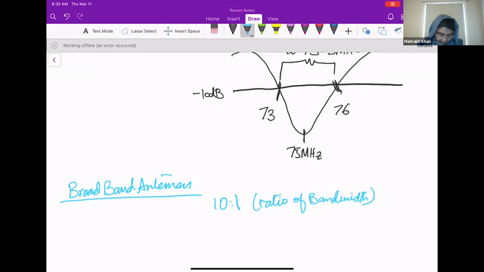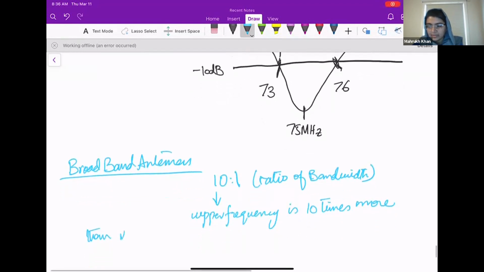It means that its upper frequency is 10 times more than its lower frequency. If the lower frequency is 1 gigahertz and the upper frequency is 10 gigahertz, the ratio is 10:1, which is very, very large.